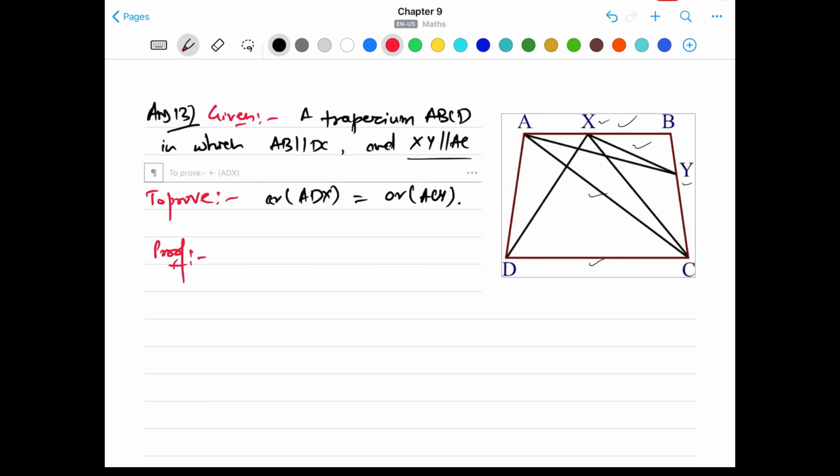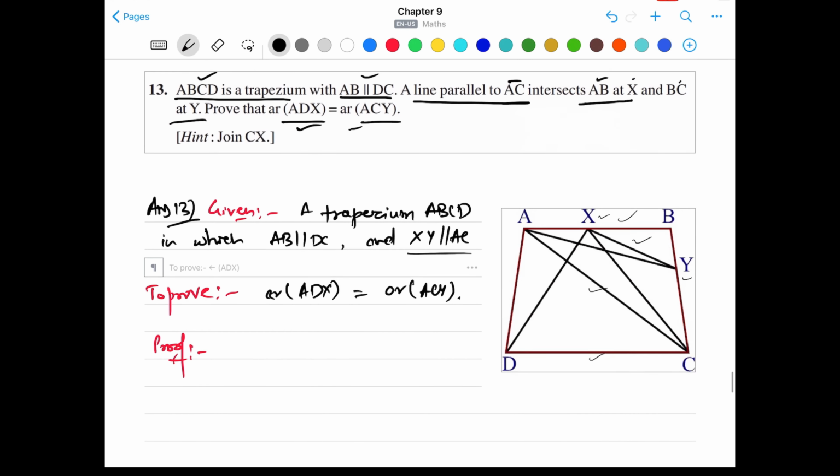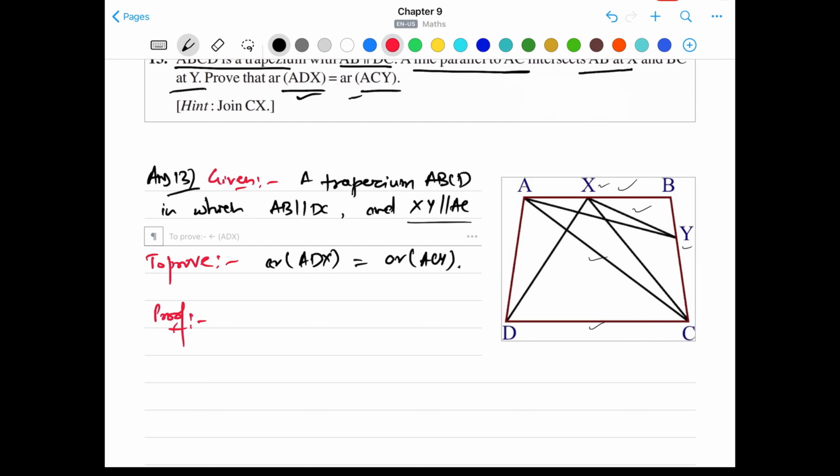So we are going to start with the two triangles, which are the triangle AXC, this one, and the triangle AYC, this one.